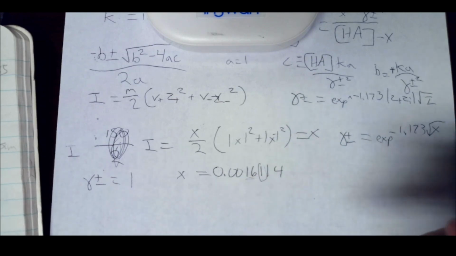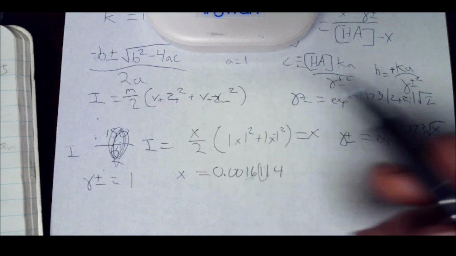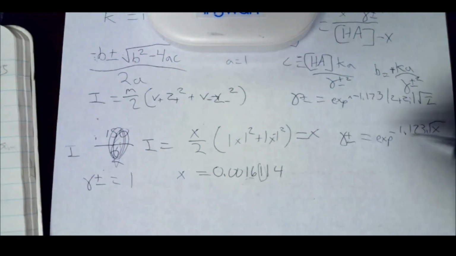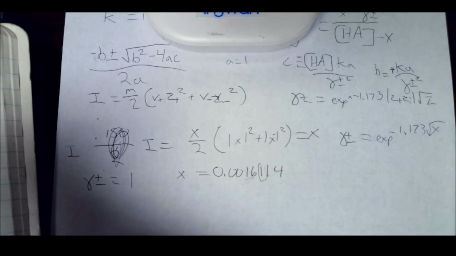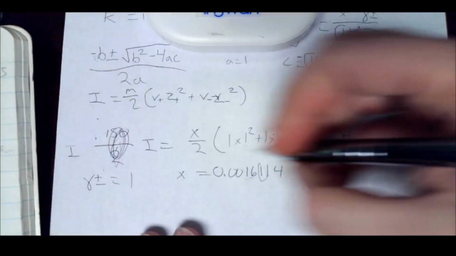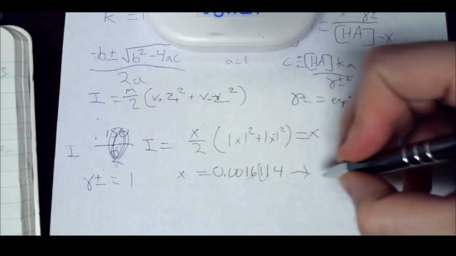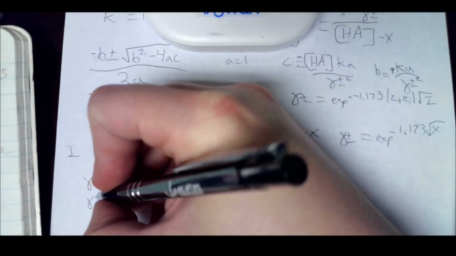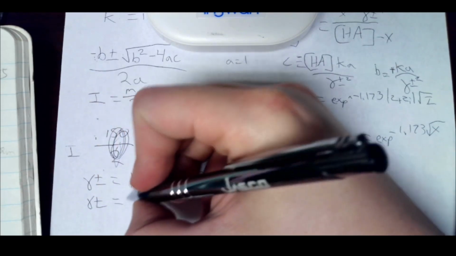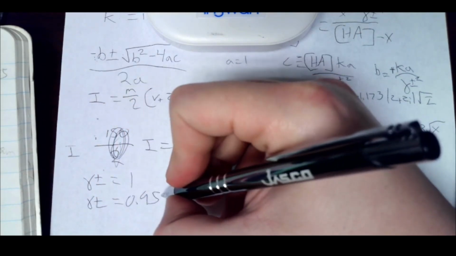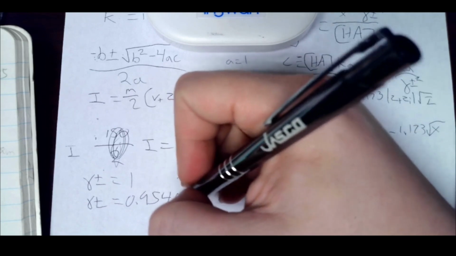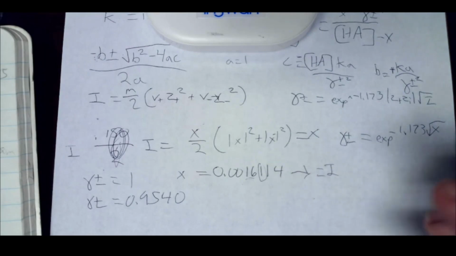So not a huge change right off the bat, but we'll see how it changes as we now plug this value into the I. So we plug that into our I, get that, and then plug it into our gamma, and we get, now with this value, that's also equal to the I, we get our first real gamma plus or minus 0.954. We'll take it one more place than it asks us to take it for now.